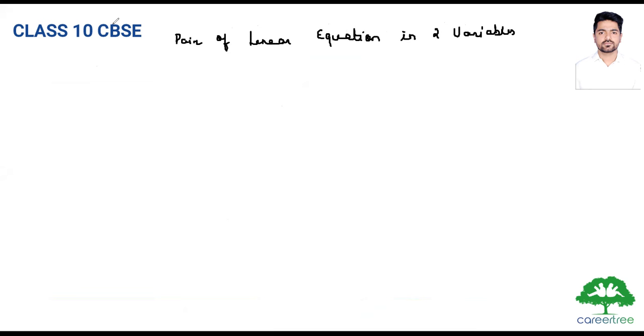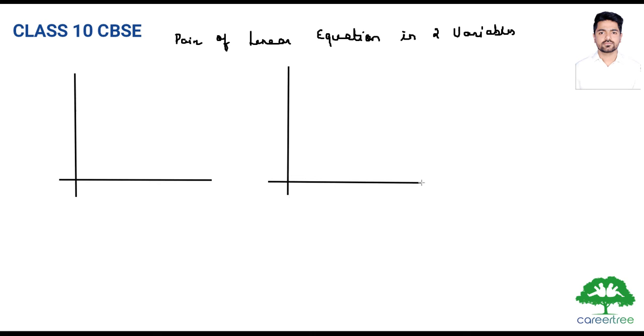So ultimately, these linear equations are nothing but lines, and those lines will be on a 2D plane. So if we have a pair of linear equations, it means two lines in a plane. Then we have to study what all are the possibilities in which they can lie on this plane.